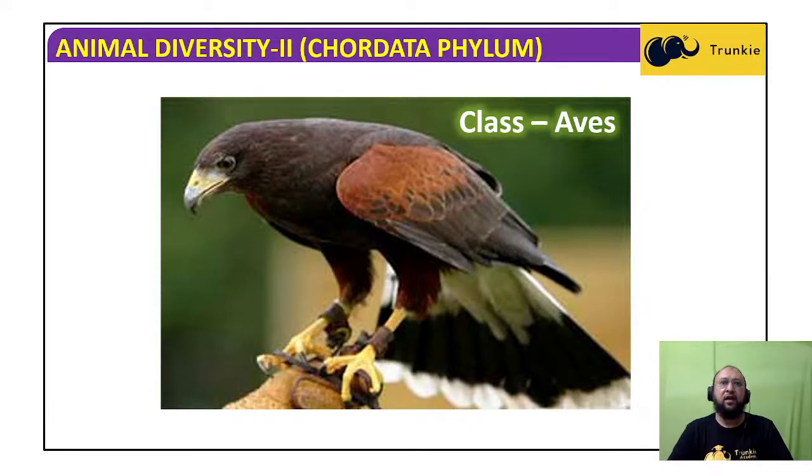The different fossils that have been found, the paleontological evidences of evolution and other evidences of evolution indicate that reptiles were the group of animals that gave rise to mammals and Aves, birds. So from reptiles there are two different lines of evolution: one line went to the evolution of mammals and one line to the evolution of Aves.